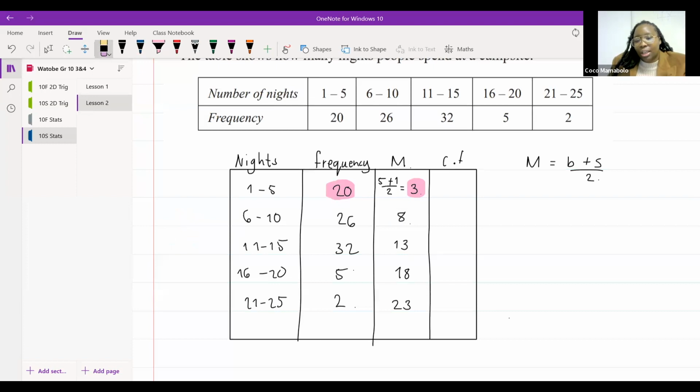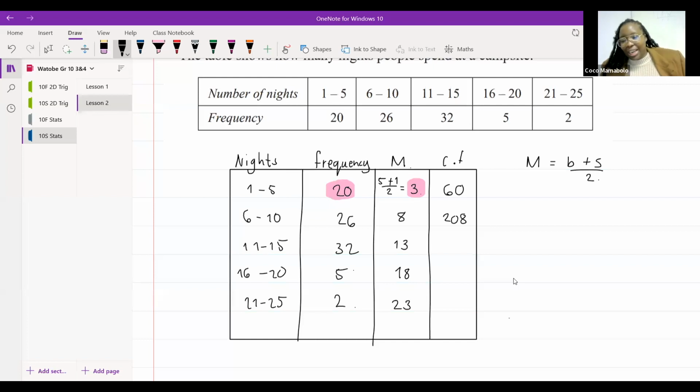So to find the cumulative frequency, we're going to multiply these two. 20 times 3 would give us 60. 26 times 8, I need a calculator. Guys, help me out. 26 times 8 is 208, good. 32 times 13.